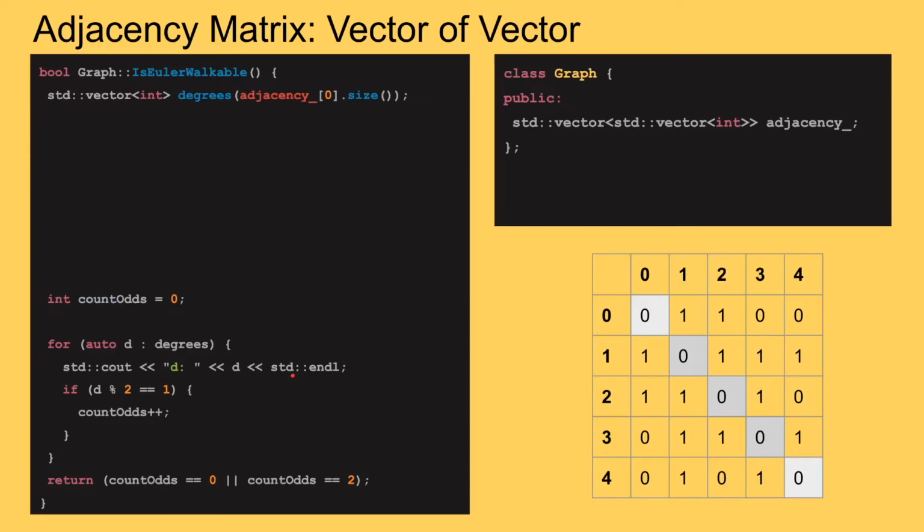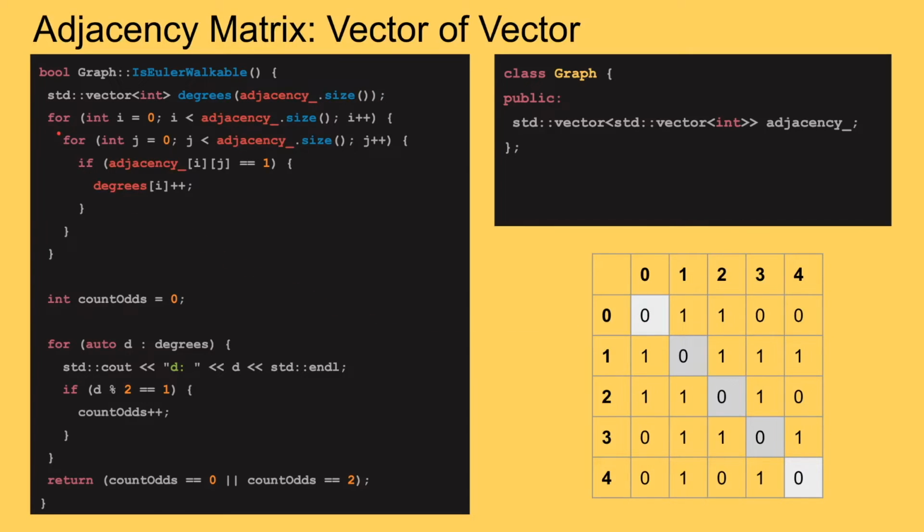Now let's see how we can modify the isEulerWalkable function to see if the graph is Eulerian or not. Again, we define our table of degrees. So now, in order to find the degree of each node, all I need to do is walk through each row and count the number of ones. So in this row, 0 goes to 1 and 2. That means the degree of 0 is 2.